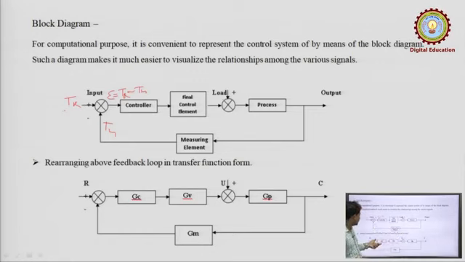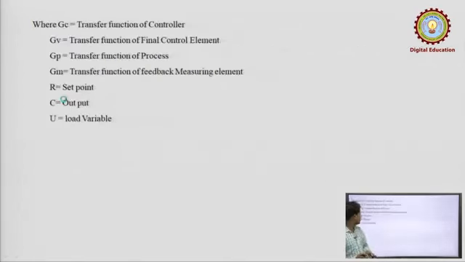Now I converted it into transfer function form. The controller is GC, the final control element is GV, the process is GP, the load is U, the set point is R, the output is C, and the measuring element is GM.